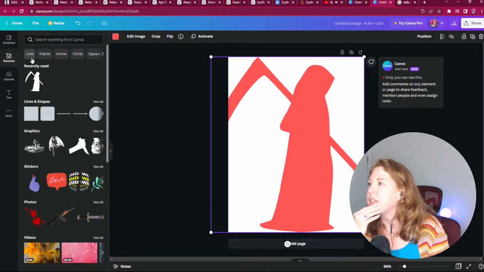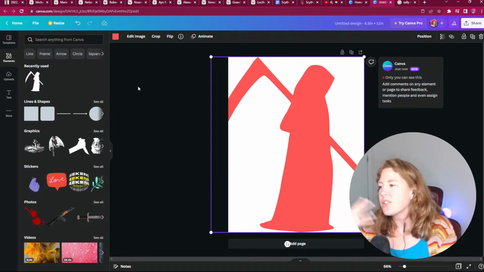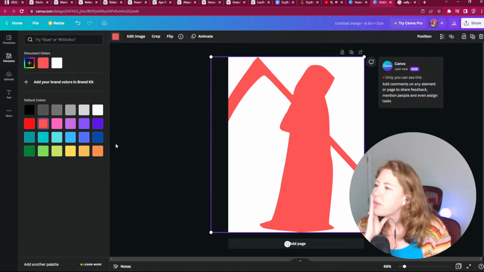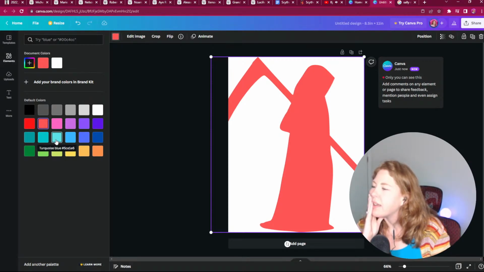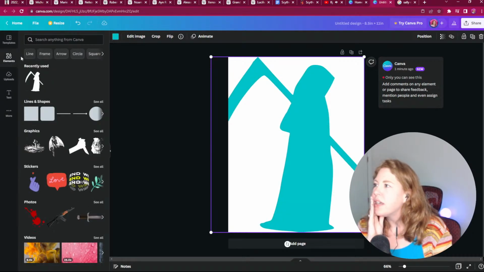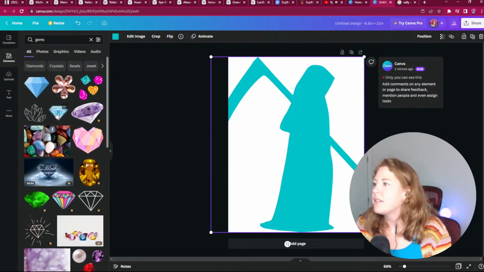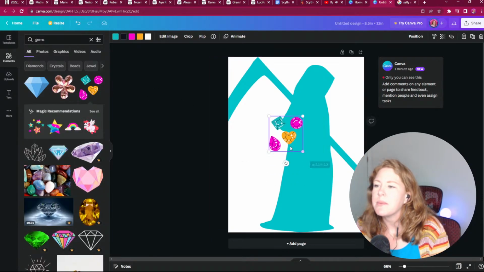Okay, so what elements would I want? I could do rubies because that's just so obvious. Actually, you know what would be kind of cool? Like a sky, like a turquoise almost. Not like a deep blue like Scythe Goddard, but like a turquoise, like a bright blue. Okay, and then, let's see. Oh, rainbow gems.